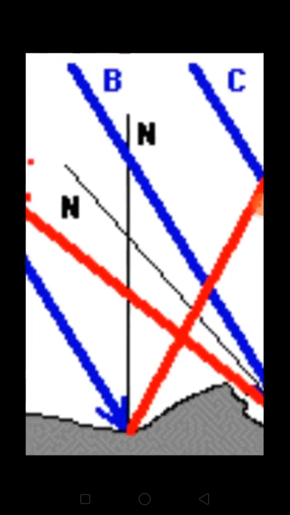Here you can see incident ray B as well, which is reflected by an irregular surface, and the normal for that is indicated like this, and the reflected ray is B dash. Incident ray and reflected ray both form the same angle with the normal. That is what the law of reflection states.